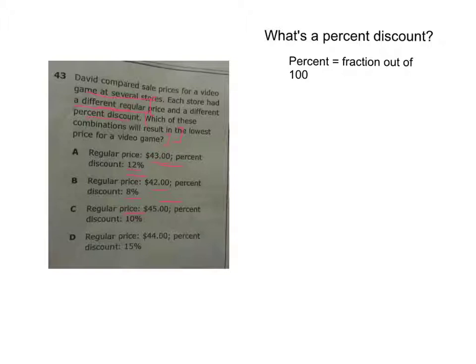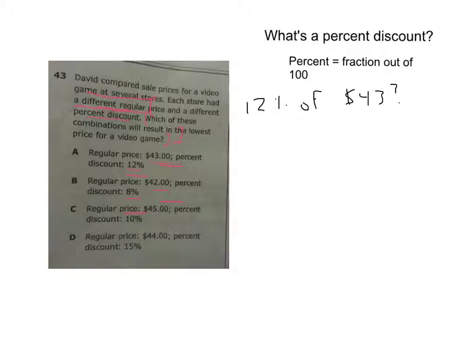So if we look at choice A, it tells us that the regular price of the video game is $43, but there's a percent discount taken off, which is 12%. So our question is, what is 12% of $43?